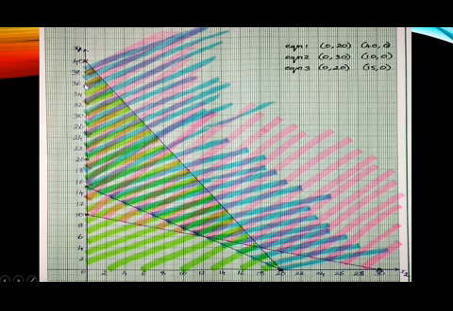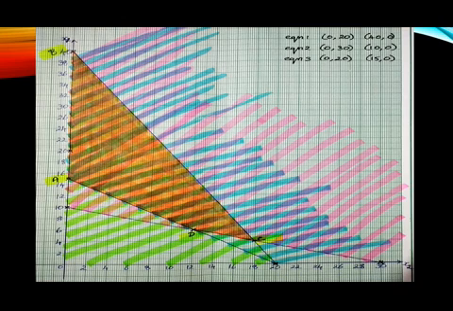If you have a look, this particular quadrilateral has all the 3 shadings in it. So I will highlight it with a different color.